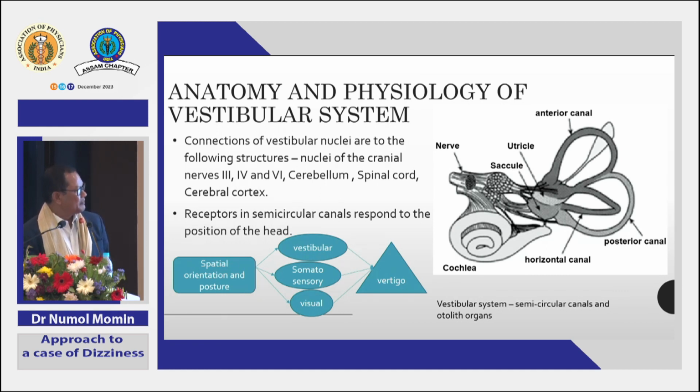Of course, the cerebellum, spinal cord, and cerebral cortex, with the superior temporal region, is the main area where vertigo is related. Spatial orientation and posture are related to vestibular, somatosensory, and visual inputs. If there is any imbalance here, we may have vertigo.